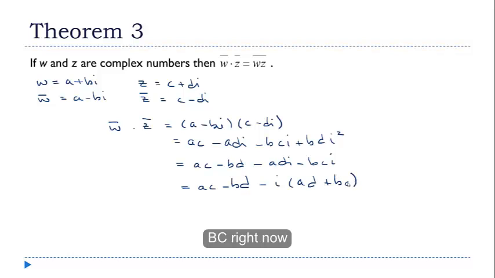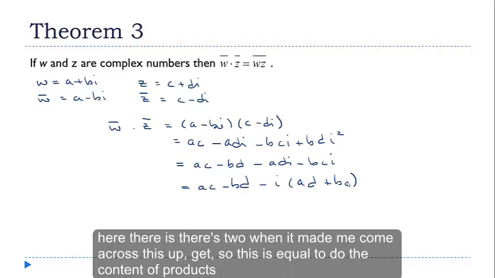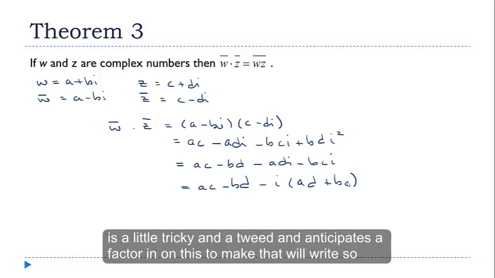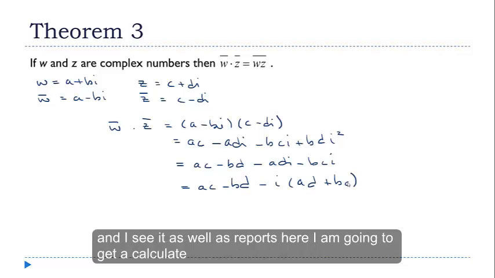All right, now here there's two ways we can approach this. Trying to show that this is equal to the conjugate of the product is a little tricky. We would have to do some kind of exotic factoring on this to make that work. So I'm actually going to take a slightly different approach here.